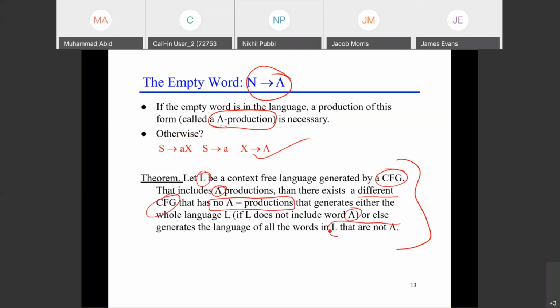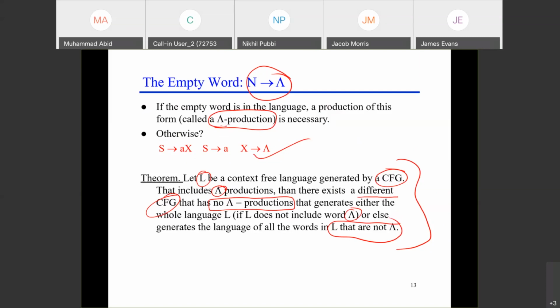So it will not accept lambda, but it will accept every other word. This is basically what we are saying. Now our job is to find that alternate context-free grammar. If your grammar has a lambda production, how do we find the alternate context-free grammar which represents the same language but has no lambda production?